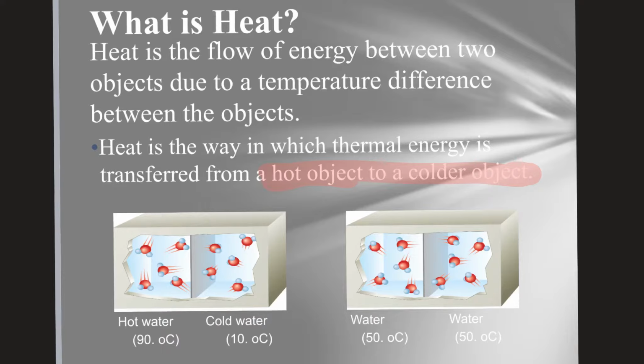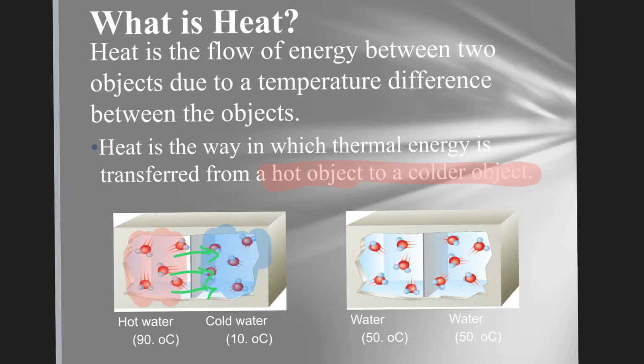Like in this instance, for example, we have hot water in a container with a thin barrier next to cold water. Because of that, energy can be transferred from what's hot to cold. Eventually, what's hotter will lose energy to what's colder, and the colder will gain energy.